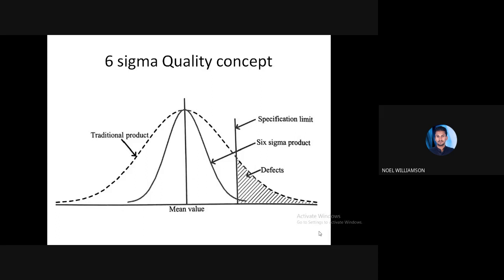If 1 million products are developed, then the chance of getting a defective one is less than 4. Only 3 components will be defective. In that case, it will be fine. Likewise, that is the Six Sigma concept.